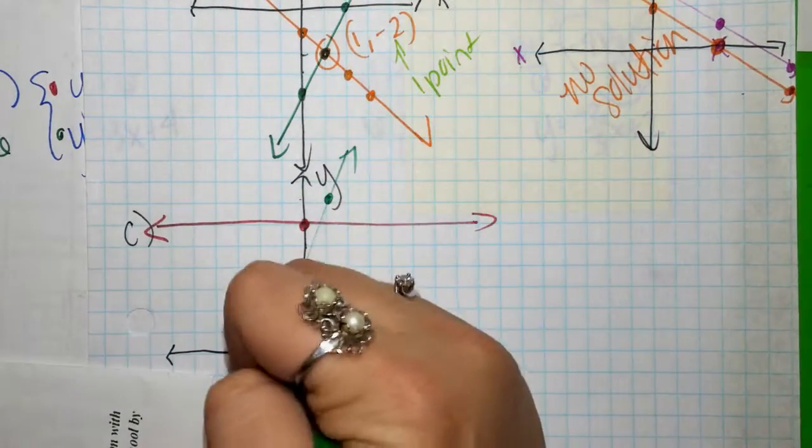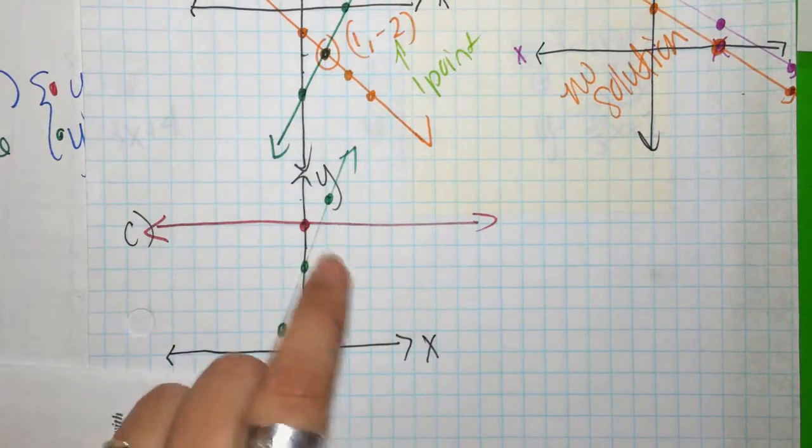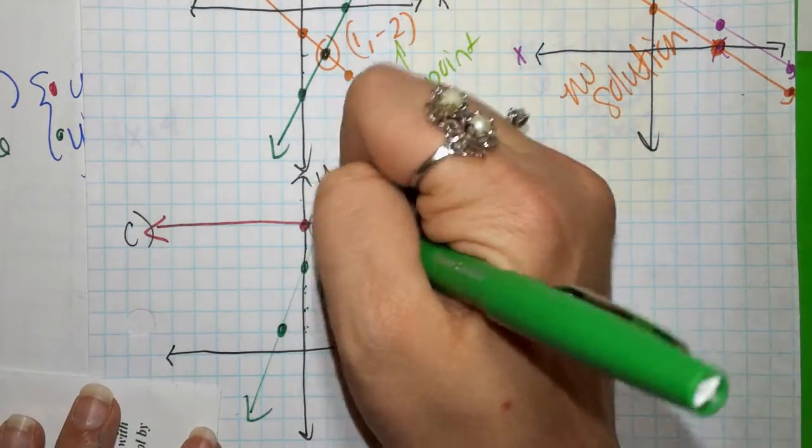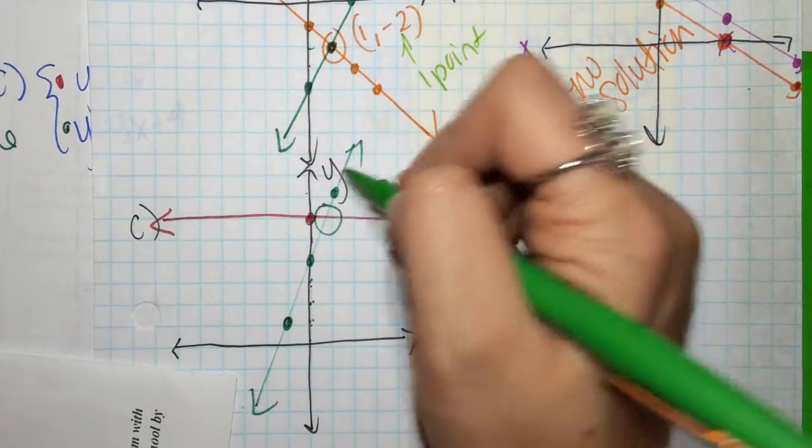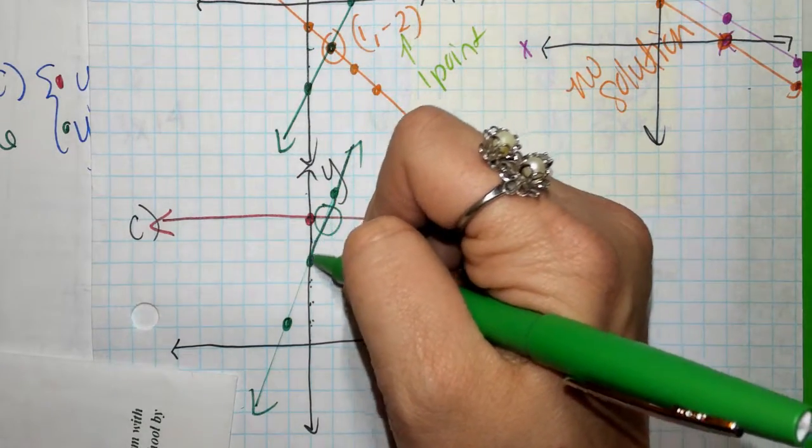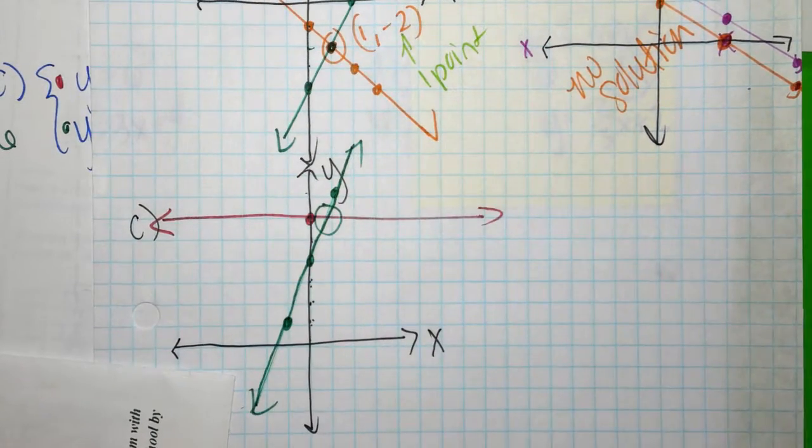Now, this one does not cross at exactly a point, correct? It crosses right here. So as long as they at least identified somewhere where it crosses, I'm fine with that. On mine, where I thought there were little crosses, I put 1, 6.